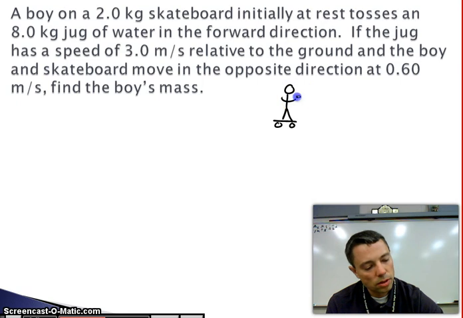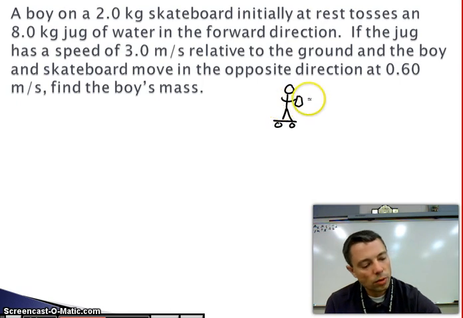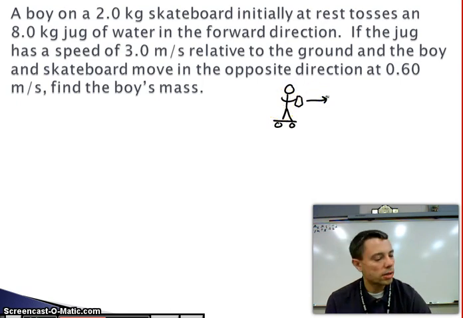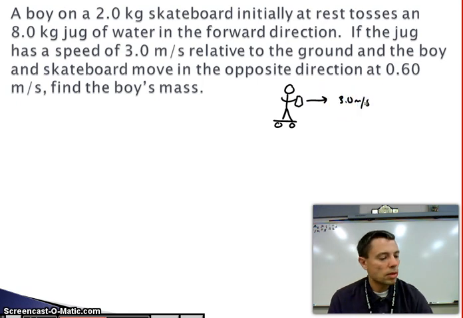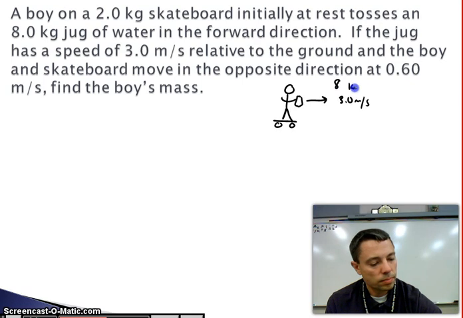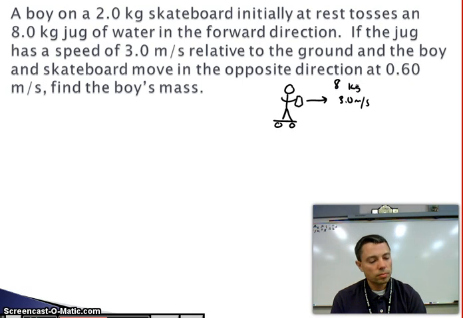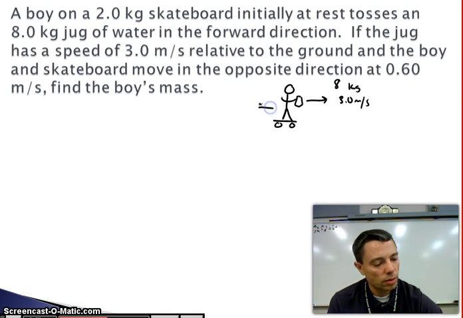Here's the jug of water. We're going to push the water this direction. Velocity 3.0 meters per second, and it's an 8 kilogram jug. We find that the boy on the skateboard goes this direction, 0.6 meters per second.